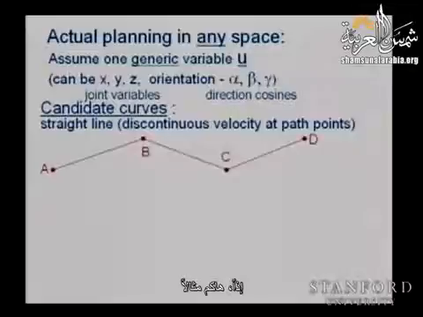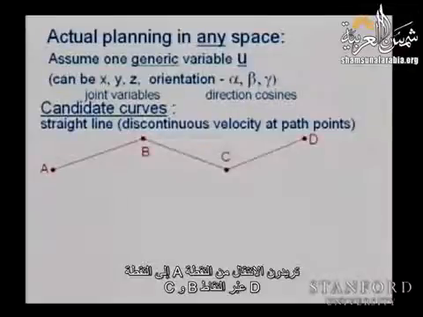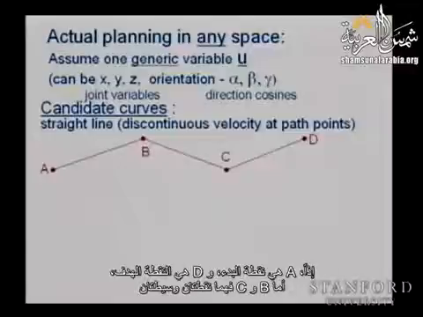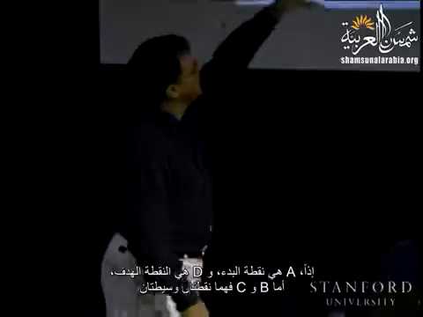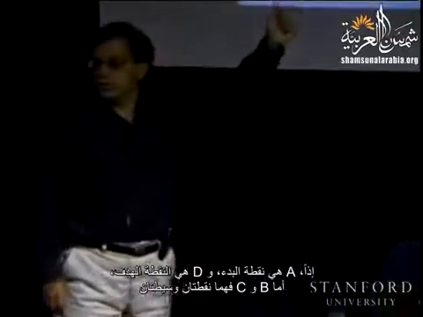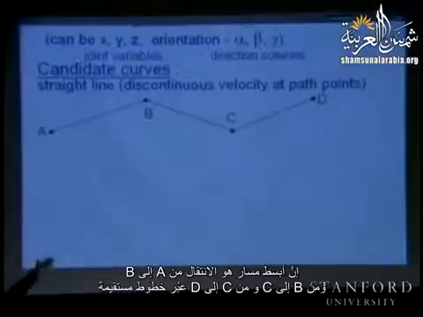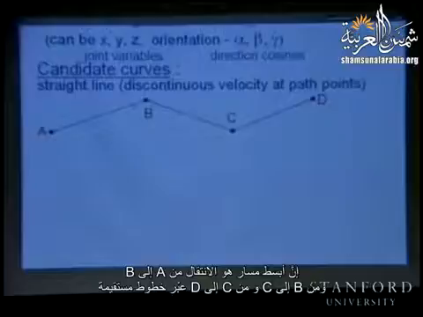So here is an example. You want to go from point A to point D via points B and C. A is the initial point, D is the target point, and B and C are intermediate points. The simplest trajectory is we go from A to B, B to C, C to D along straight lines.